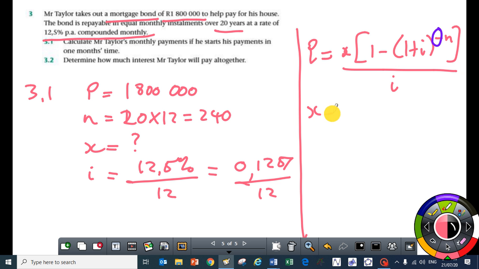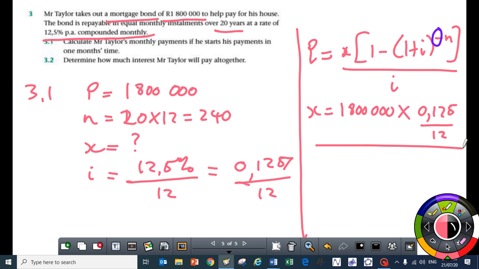So our x will be equal to 1,800,000 times 0.125 over 12, all over 1 minus (1 plus 0.125 over 12) raised to the power of minus 240.